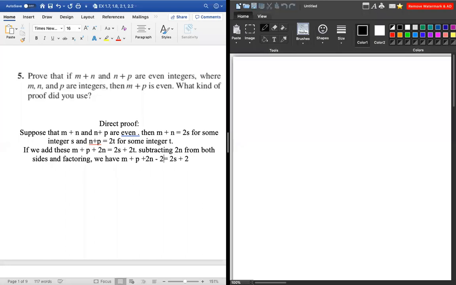So we subtract 2n from here, this 2n gets cancelled out, and then we get 2s plus 2t minus 2n, right? This is equal to 2 times (s plus t minus n).